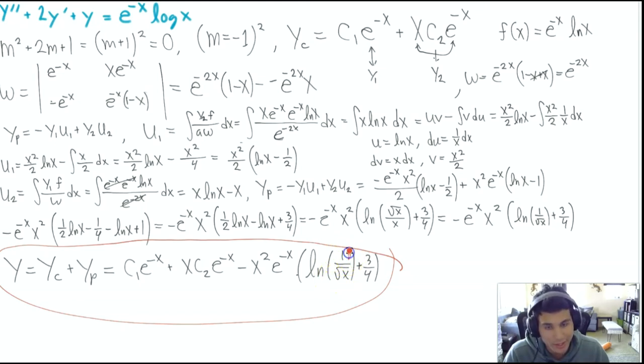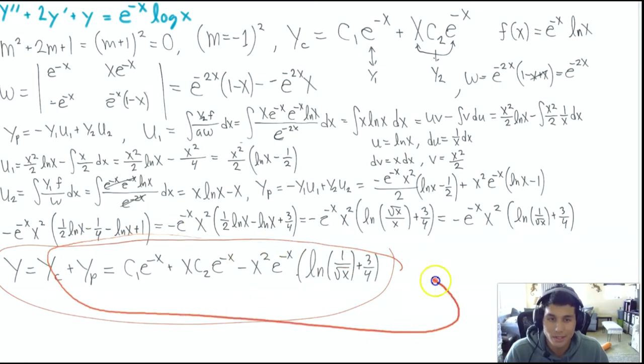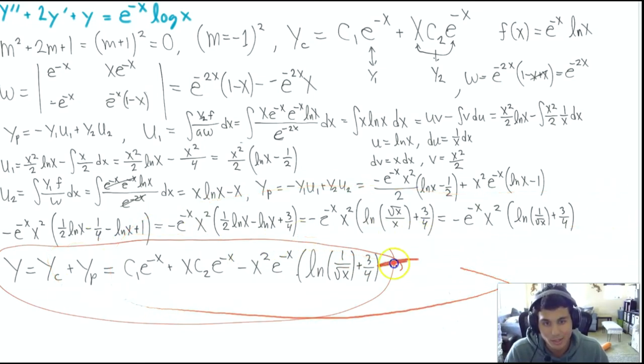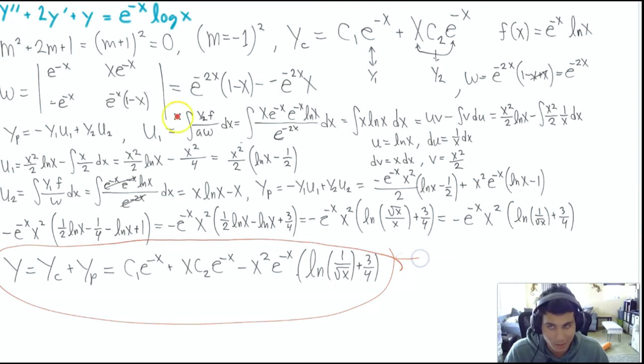Then you could factor out that 1/2 power, so you get 1/2 ln x minus 3/4. And then, of course, this is a plus right here. So it's really just the same thing. They just bothered to take more time to make this look prettier. Maybe this is ugly in their opinion, but it's correct.